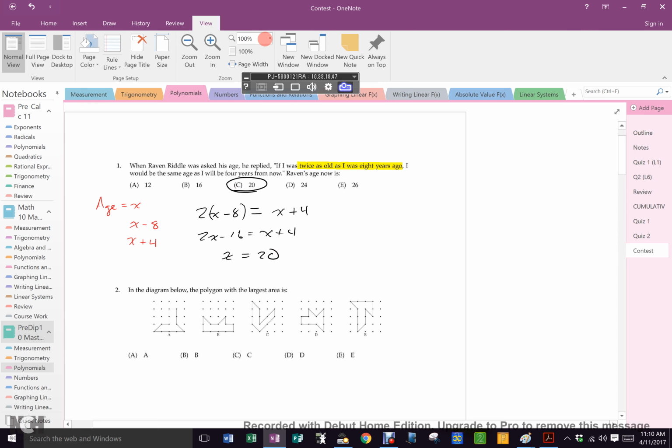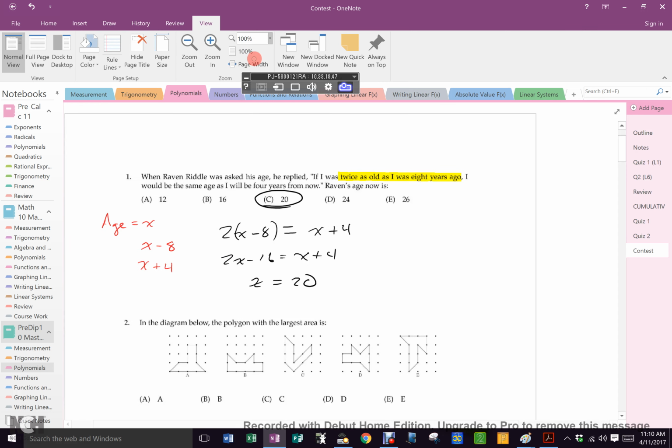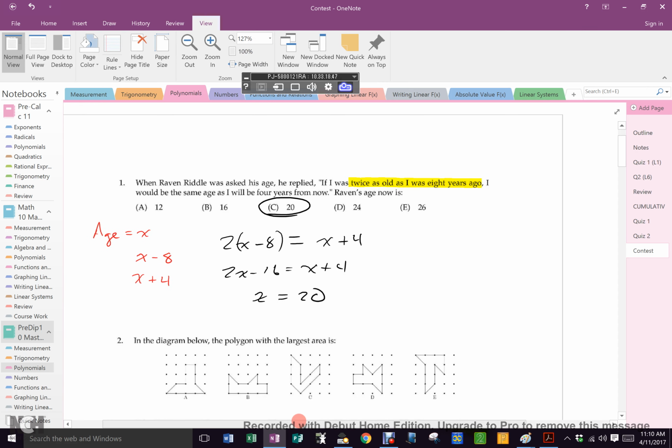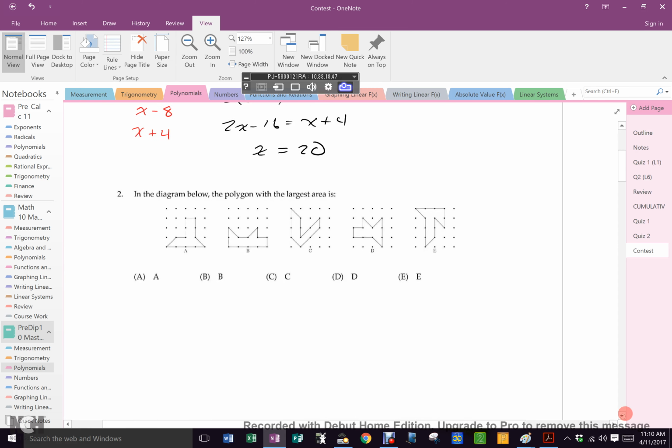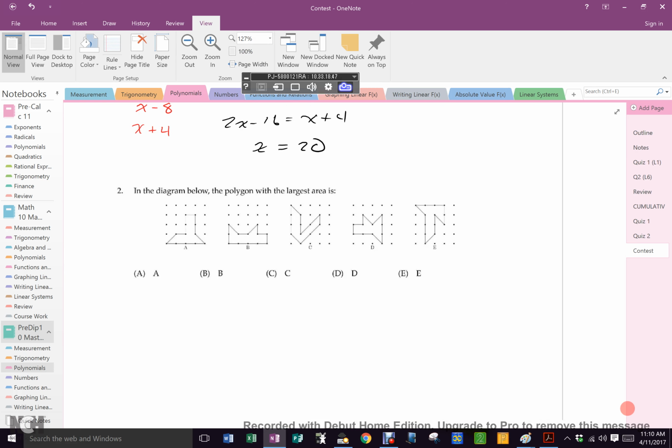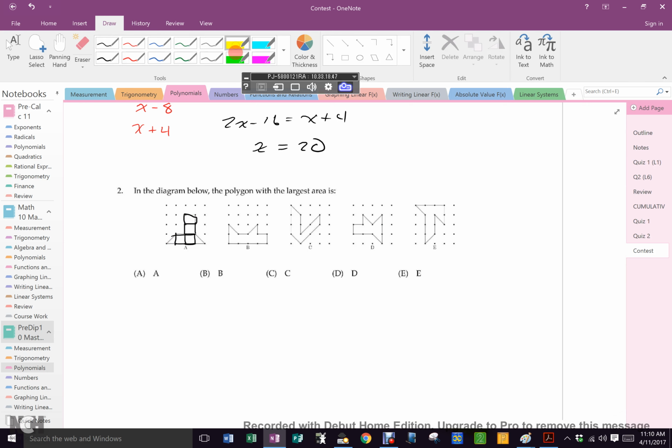I'm going to make this a little bigger. The area of each polygon. Well, I did this. And then I said, okay, well, there's 4.